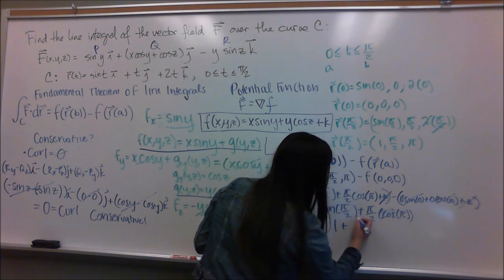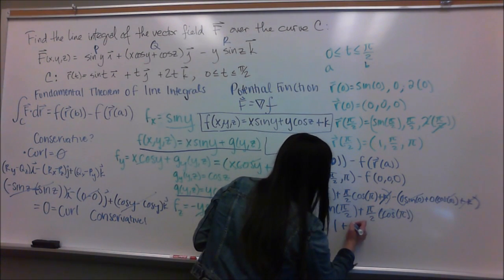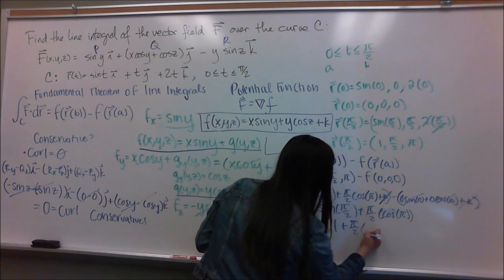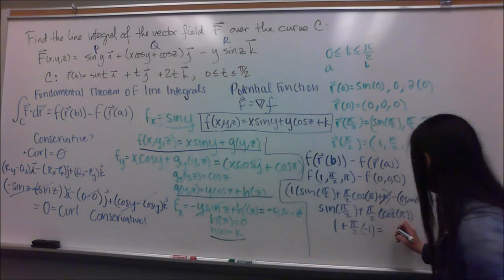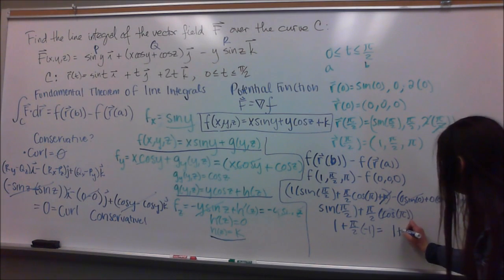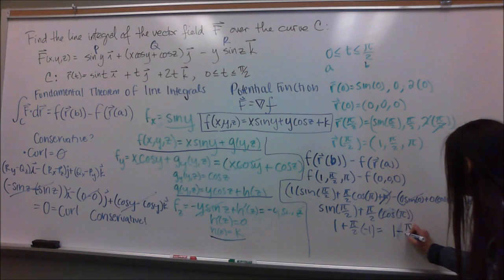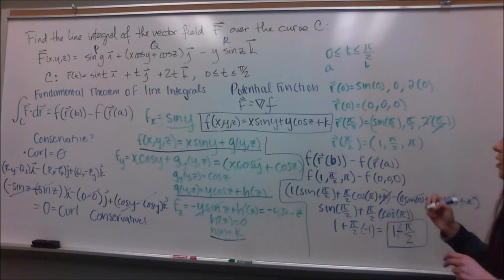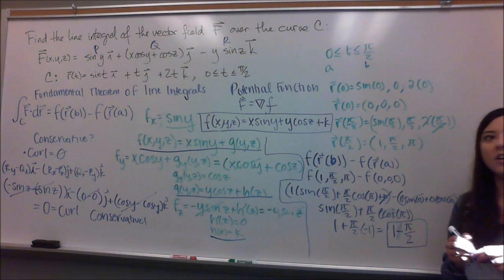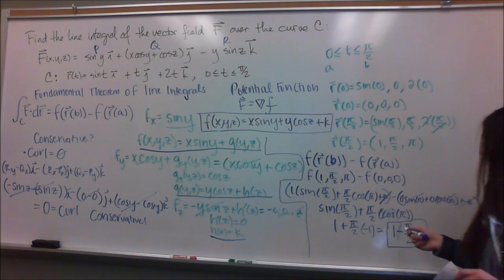And then we have pi over 2 times cosine of pi, which is negative 1. So pi over 2 times negative 1, which means that we have 1 minus pi over 2, and that is the value of our fundamental theorem, or of our line integral over a curve. 1 minus pi over 2.